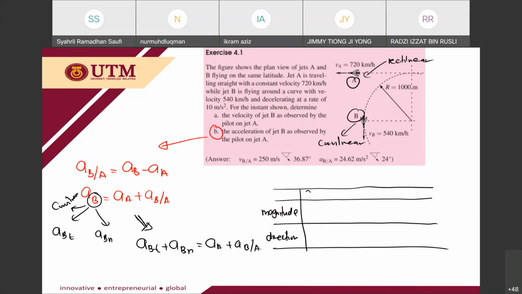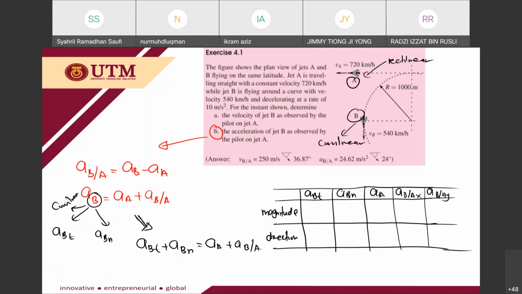So you put everything in the table: acceleration of B tangent, acceleration of B normal, here is acceleration of A. Since I use rectangular components, I need to put it into the form for relative acceleration.